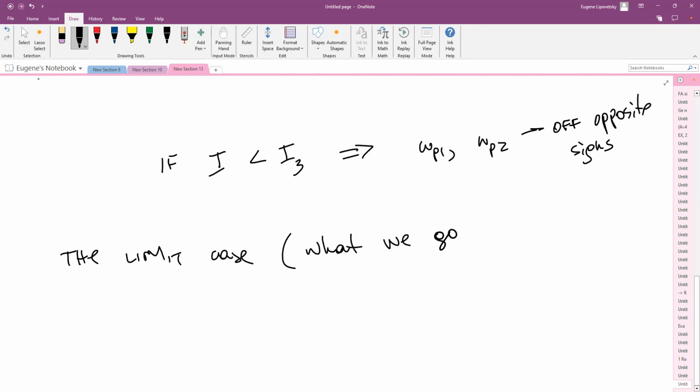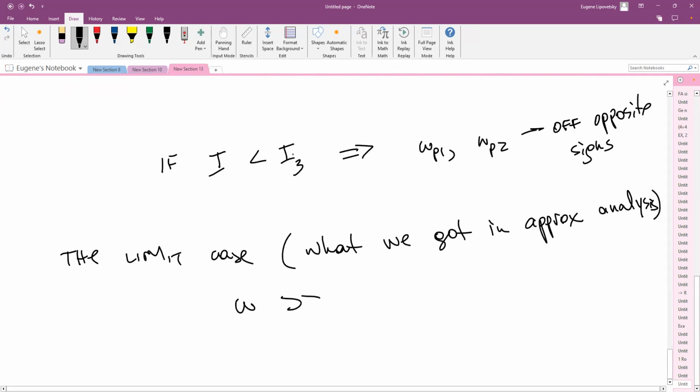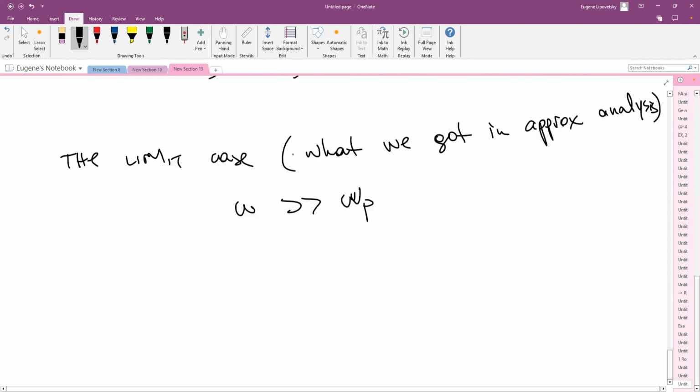It is when omega is much greater than omega p. So the proper spin is very fast compared to the precession.